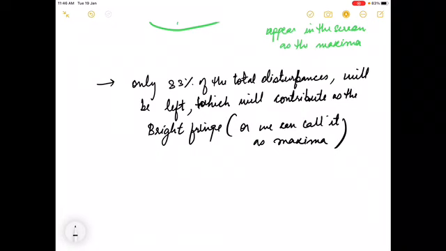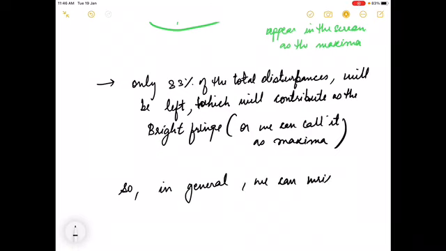So in general, we can write that the path difference, that is BP minus AP, is equal to (2n plus 1) lambda by 2, that is the odd multiples of lambda by 2, very important.